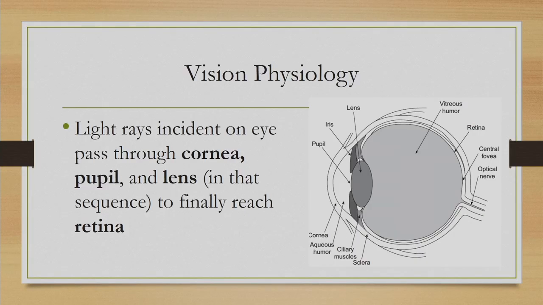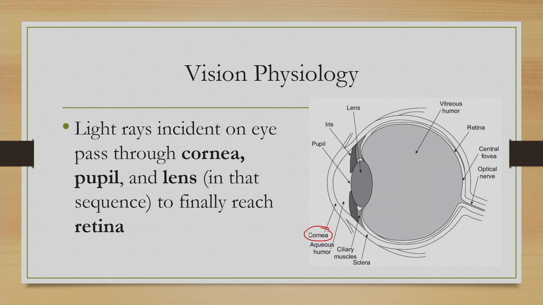Let us try to go through the physiology of vision in a brief way. Look at the figure here. This figure shows how our eye is organized. So, we have the cornea, that is at the outside of the eye.